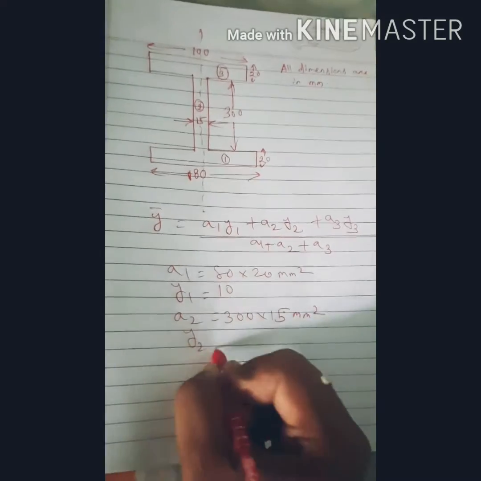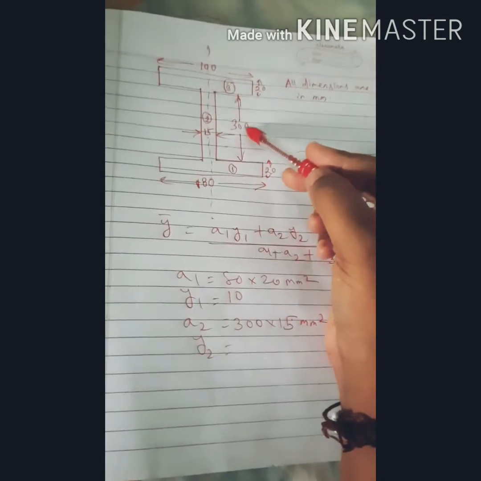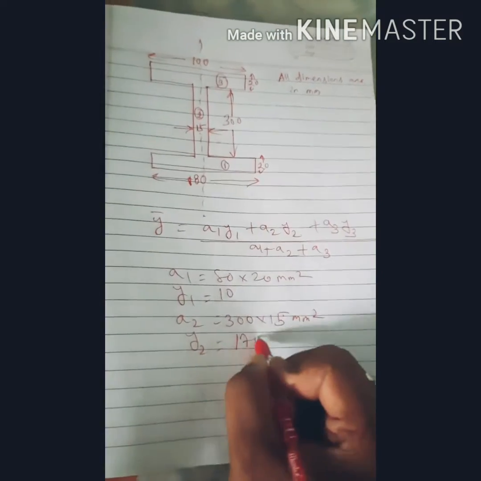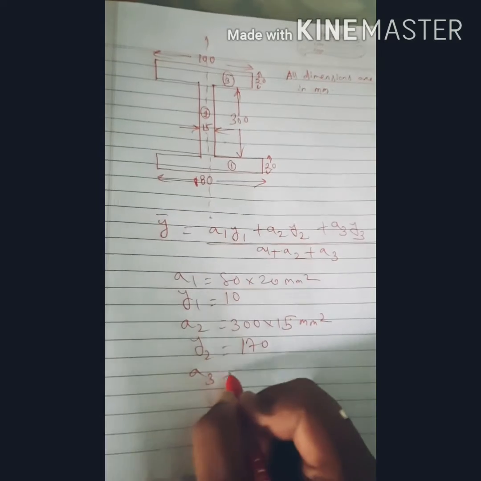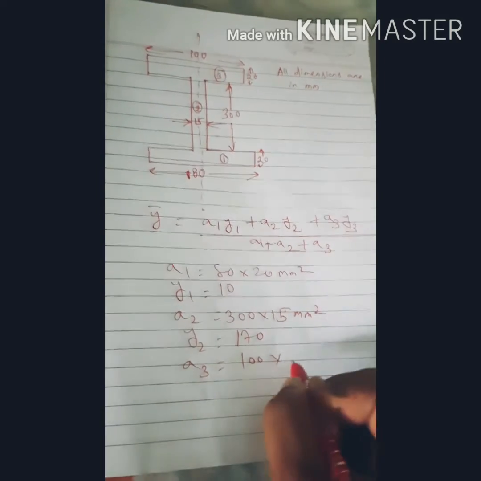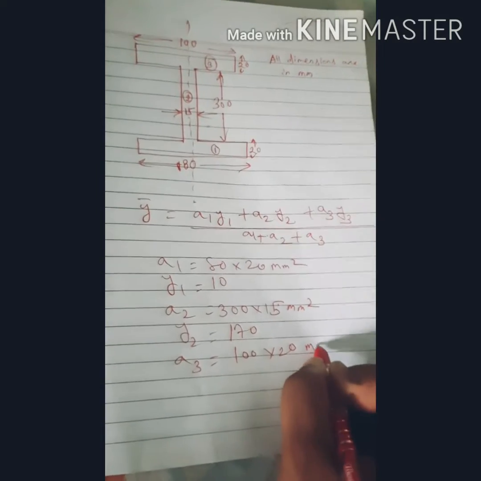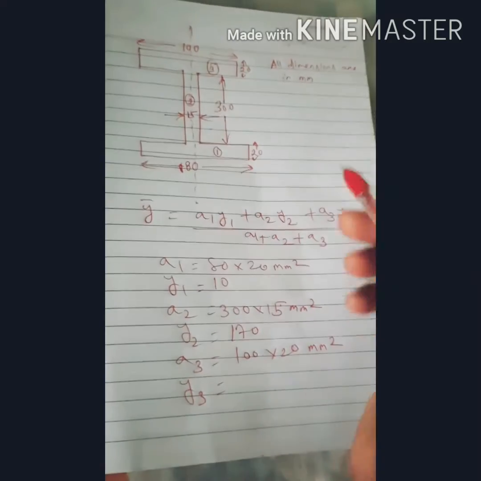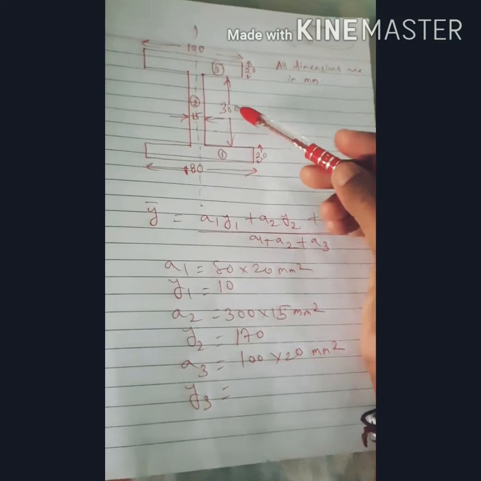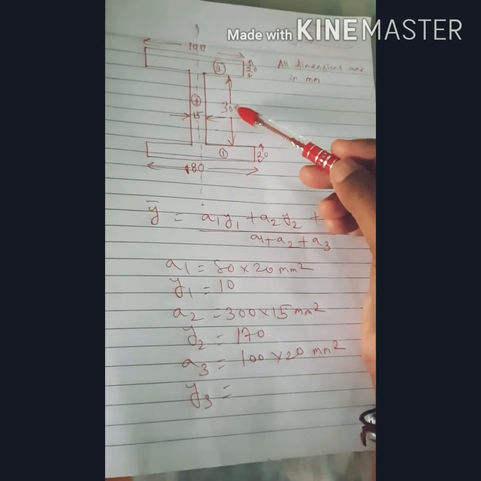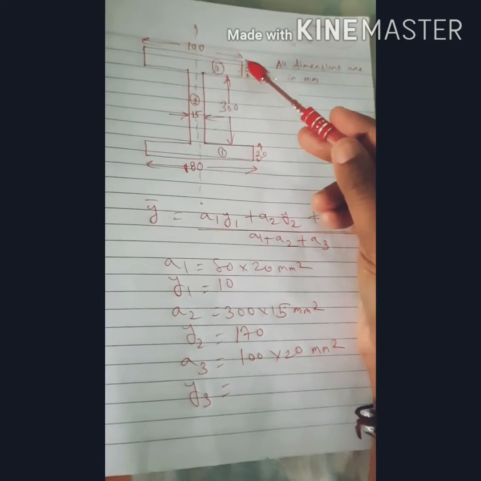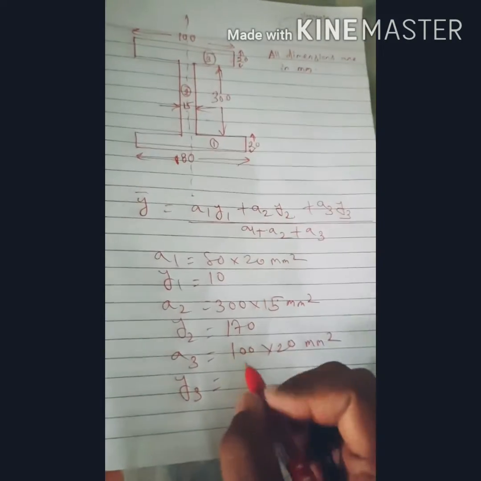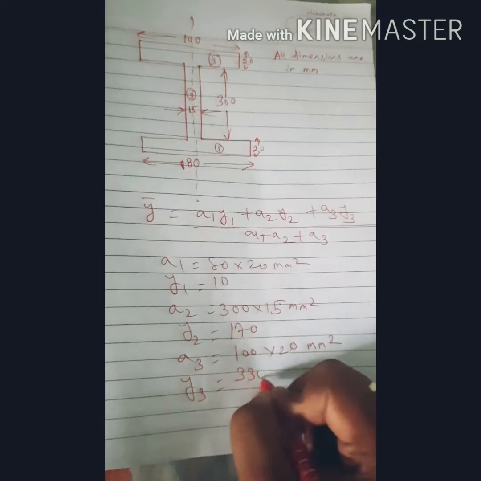Y2 equals 300 by 2, that is 150, plus 20, that is 170. A3 equals 100 into 20 mm square. Y3 equals 20 by 2, that is 10, plus 300 plus 20, that means 330 mm.